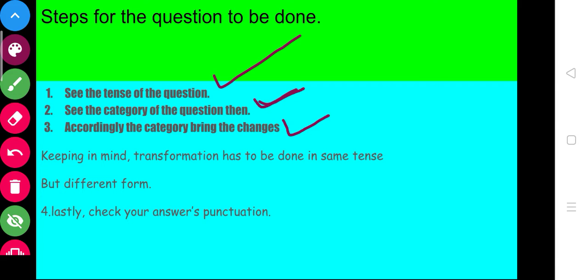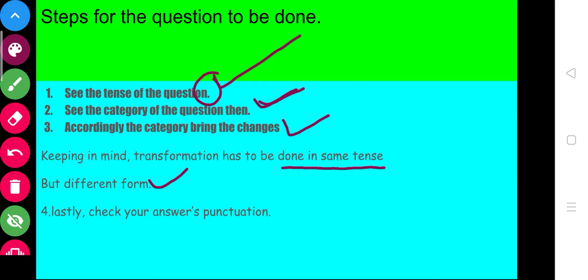Then definitely the last step. Before that last step, you should know that the transformation has to be done in the same tense. That means the tense should remain the same, which is already in the first point, but the form has to be changed.